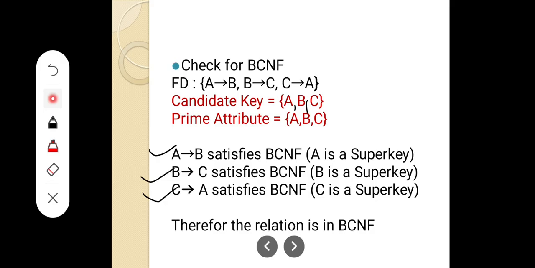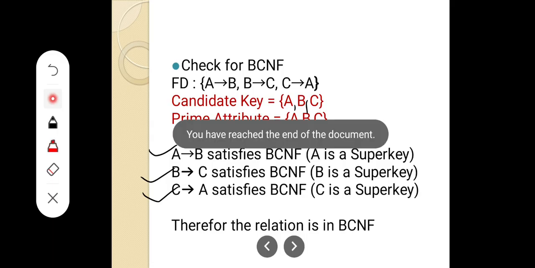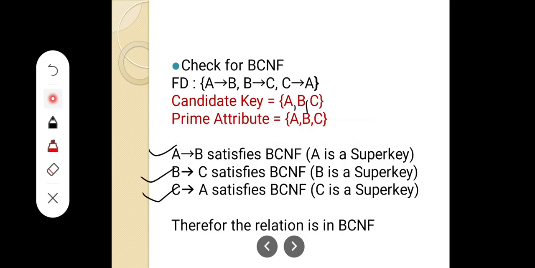So this is the method of computing whether the relation is in 3NF, BCNF, 2NF or 1NF. From 2NF onwards we need to compute the candidate key. In the first normal form we need to verify whether any domain has a multi-valued attribute, and in that case it has to be eliminated.